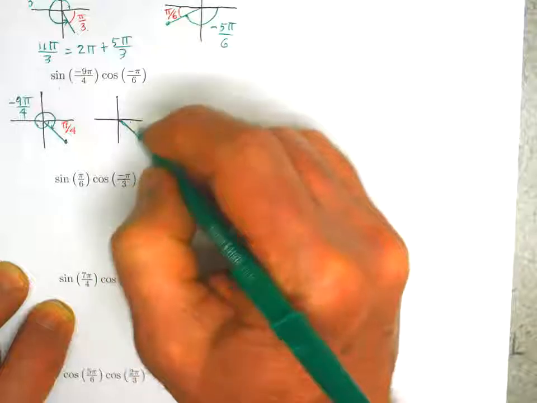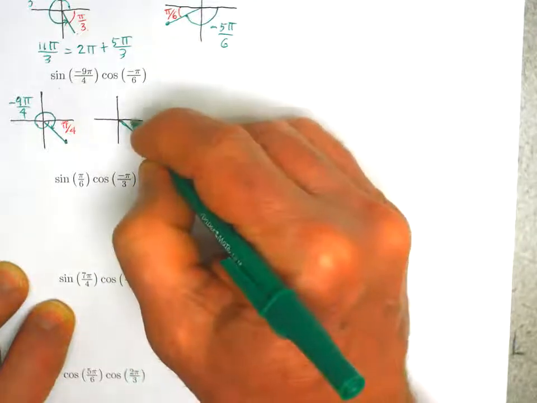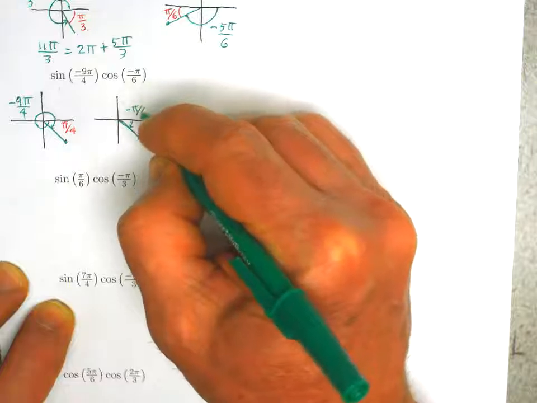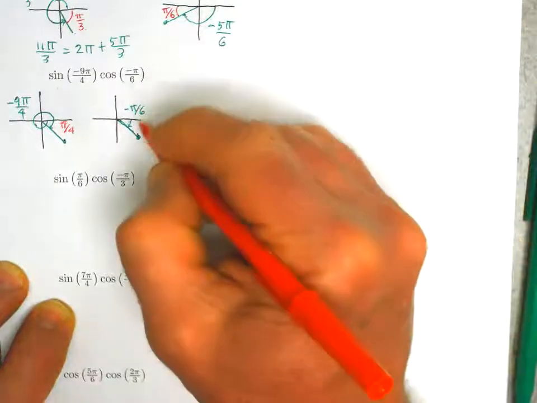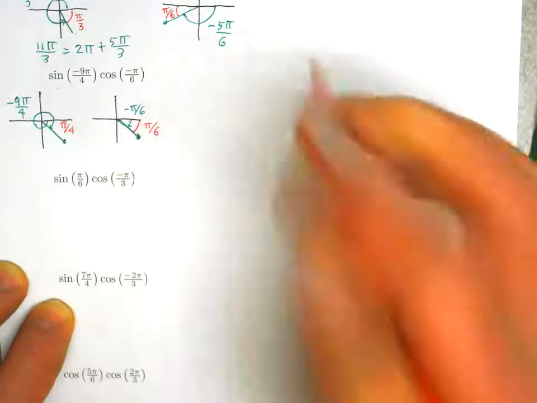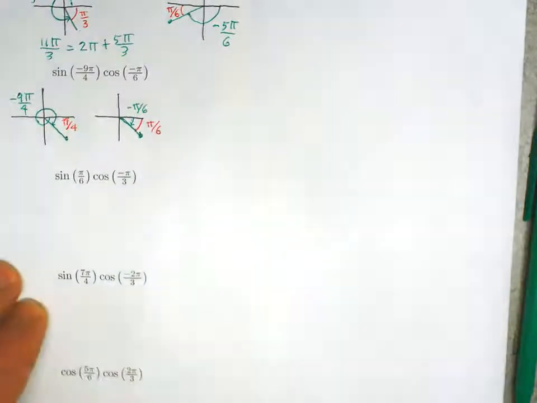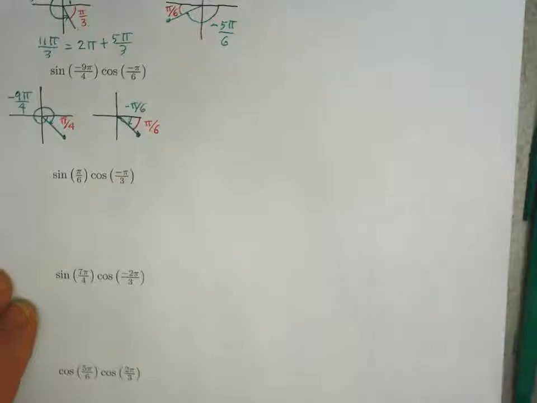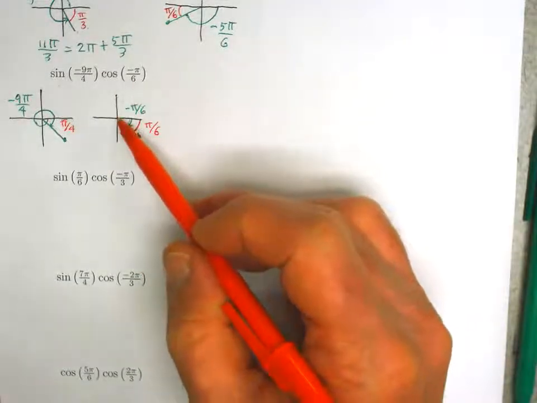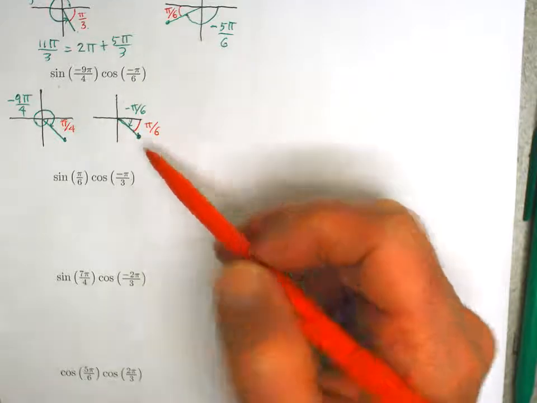So there's negative pi over 6, and the reference angle is pi over 6. So that's not so bad. And we know that in the fourth quadrant, cosine is positive because the x-coordinates are positive.